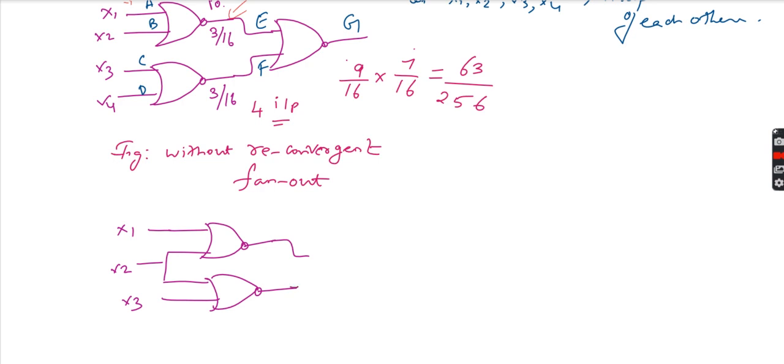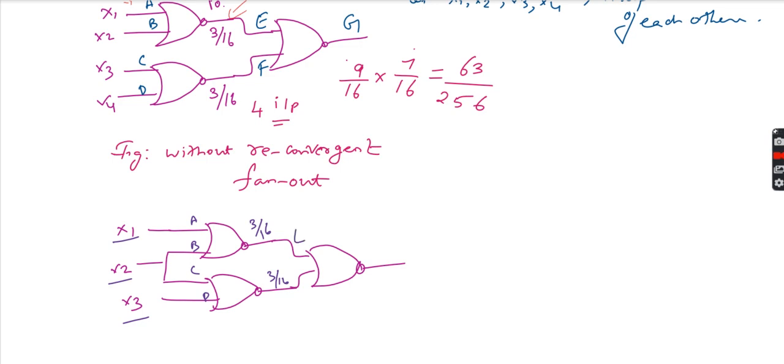Again, this is driving a NOR gate. Now you can see the variables here are 3, x1, x2, x3 only. But here we are having 4 inputs actually. So for the NOR gate it is 3 by 16 only, this is also 3 by 16. This we already saw in the previous tables, the probability of occurrence.